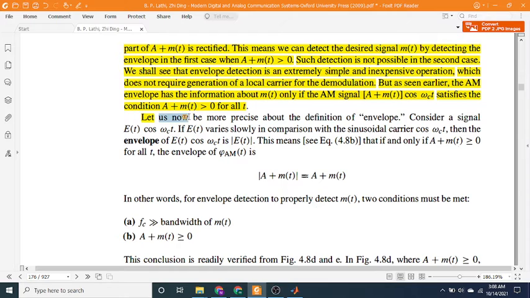Let us now be more precise about the definition of envelope. Consider a signal E(t) cos ωct. If E(t) varies slowly in comparison with the sinusoidal carrier cos ωct, then the envelope of E(t) cos ωct is |E(t)|.